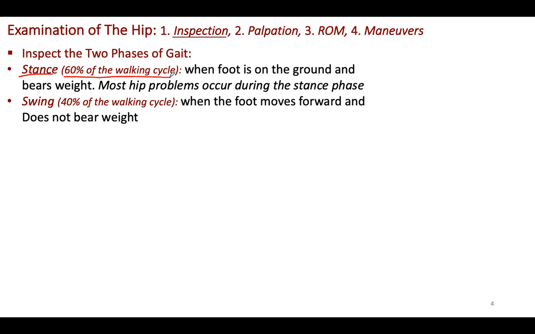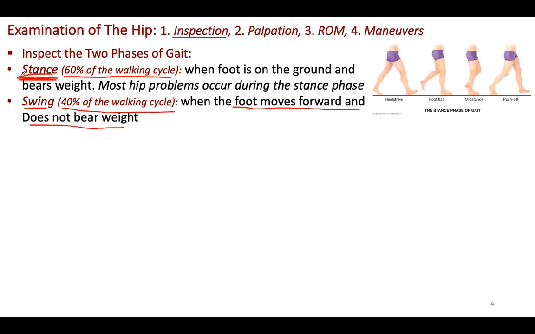Then when the foot is lifted to move forward and does not bear weight, this is the swing phase, which accounts for 40% of the walking cycle. Usually, if there is a problem, it will be manifest during the stance phase, because this is the phase where you're bearing weight.